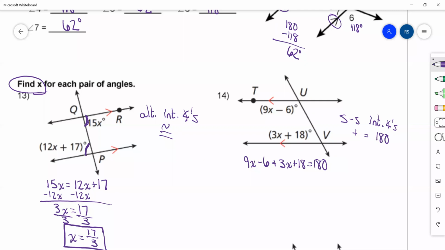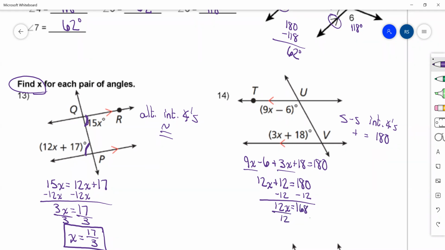So that makes sense. Now let's combine like terms. We have a 9x and a 3x. That gives us 12x. Negative 6 plus 18 plus 12 equals 180. Subtract 12. You get 12x equals 168.